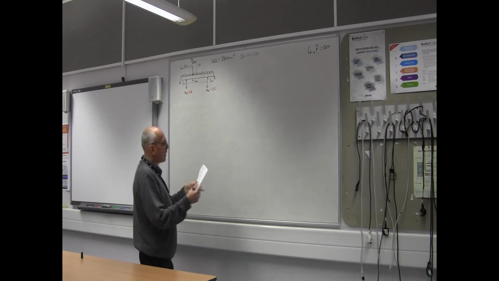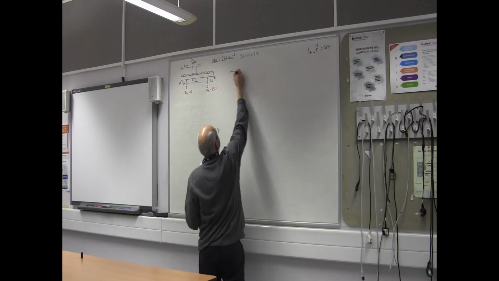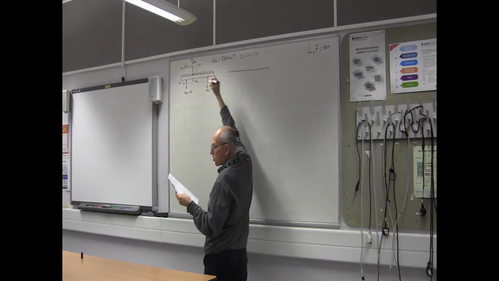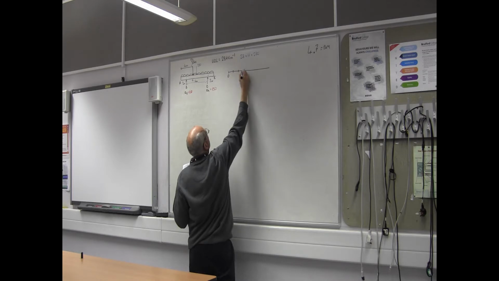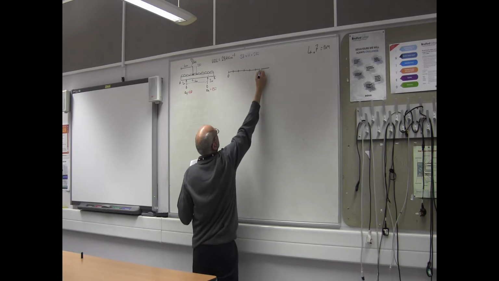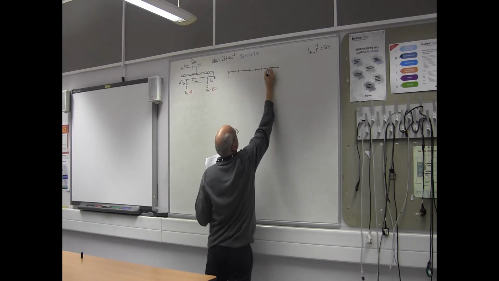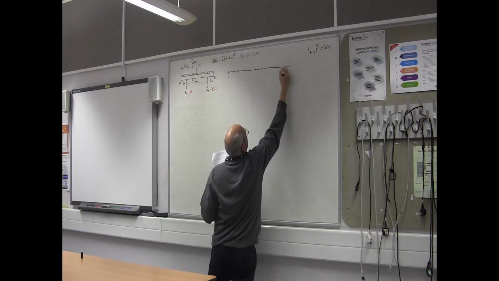So it's worth doing yourself a little line graph. It doesn't have to be anything posh. Just for labelling purposes, 0, and that'd be 10.